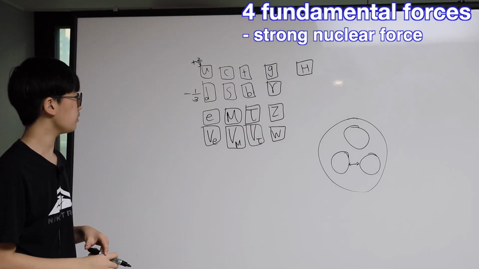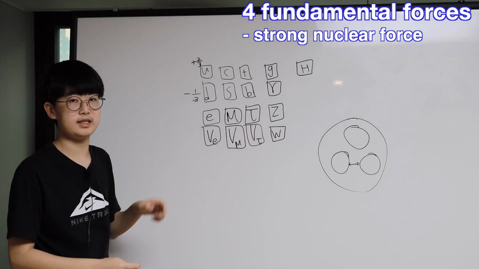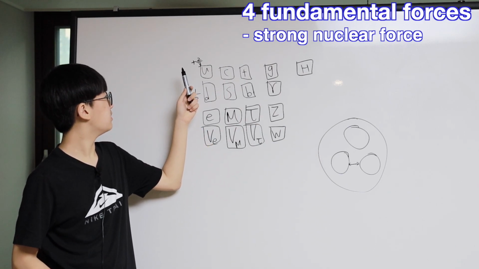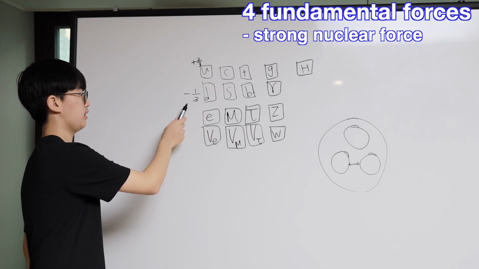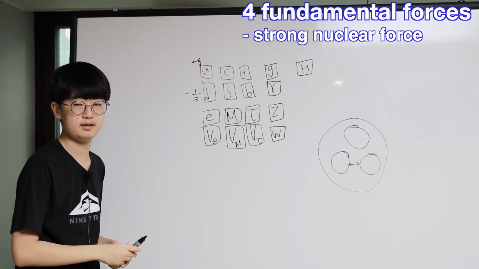So if a proton is made out of 2 up quarks and 1 down quark, then the proton would have 1 positive charge, because 1 of these and 2 of these combined equals 1.